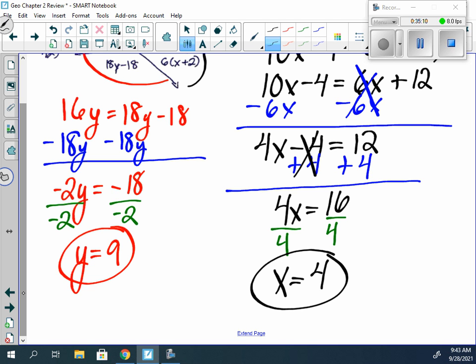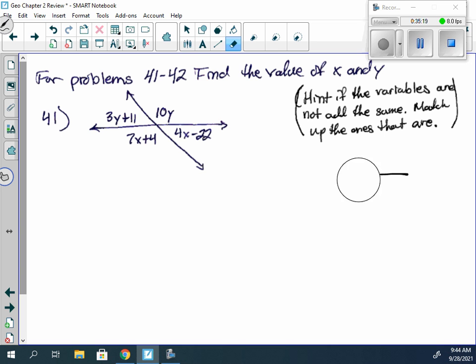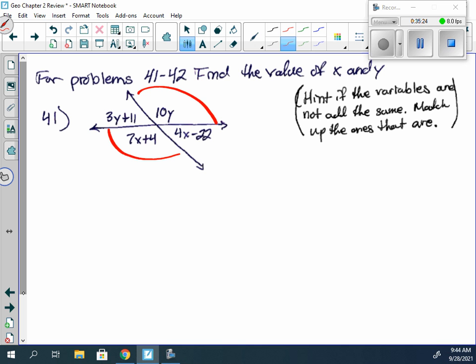Questions on this here? We good with this here? Okay. I'll look back at this one here. Now, our vertical angles: we have 7x plus 4, and the other one is 10y, yes? That would be two variables in an equation, and we can only solve for one at a time, so that doesn't work. The other vertical angles would be 3y plus 11 and 4x minus, well, that doesn't work either. Wait a minute. These bottom two deal in just x, yes?